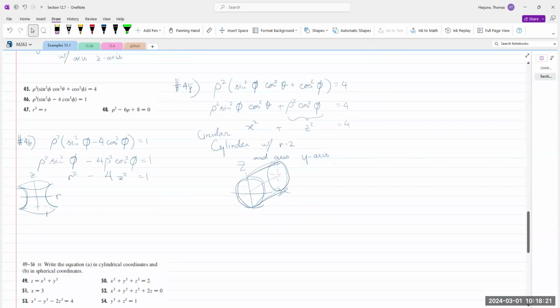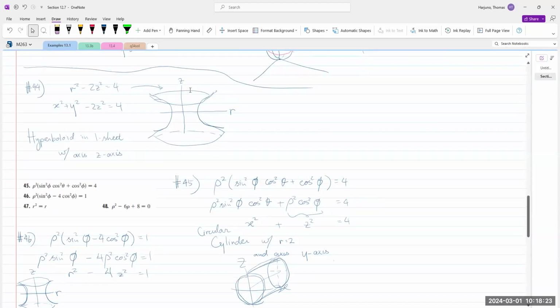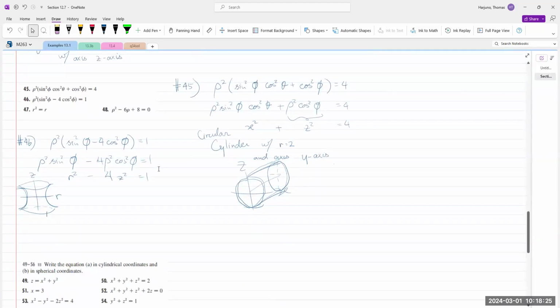Okay, and then it's similar. So this is a hyperboloid in one sheet with axis z axis.